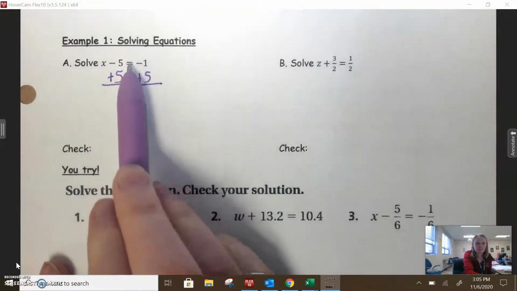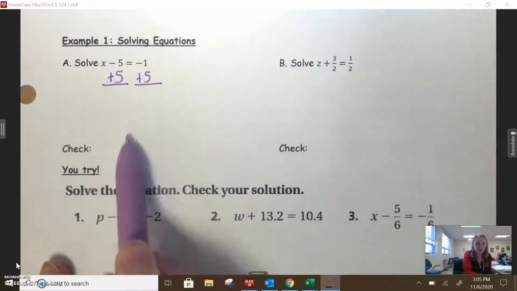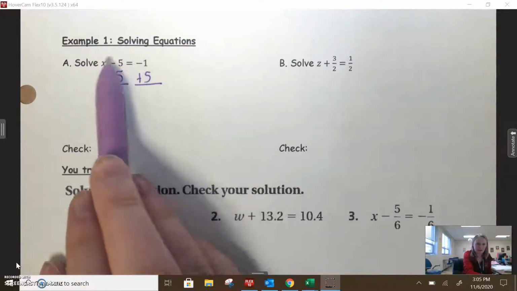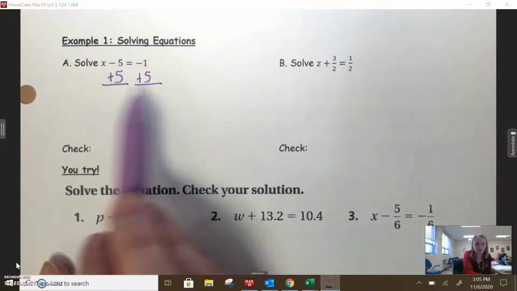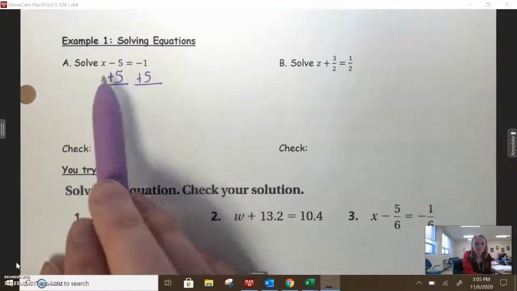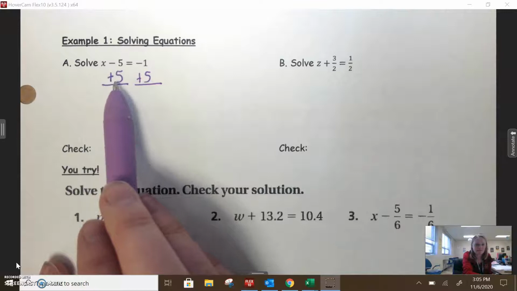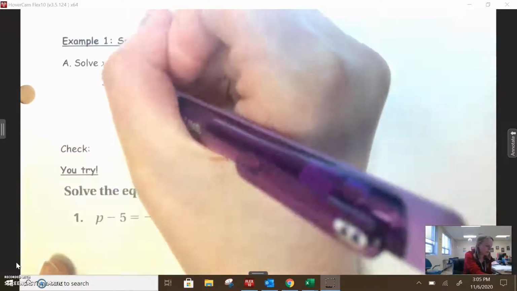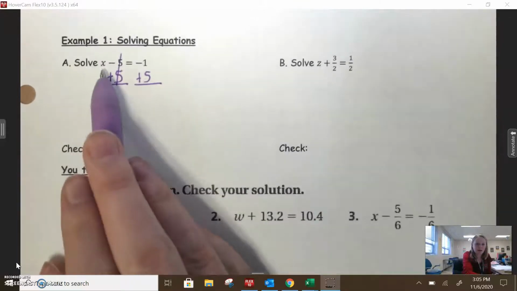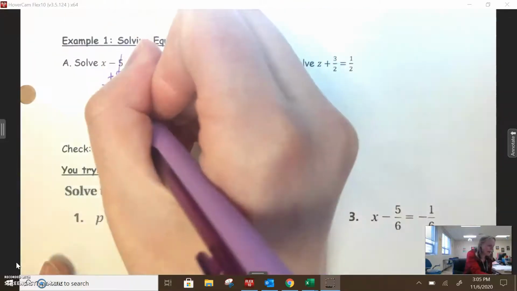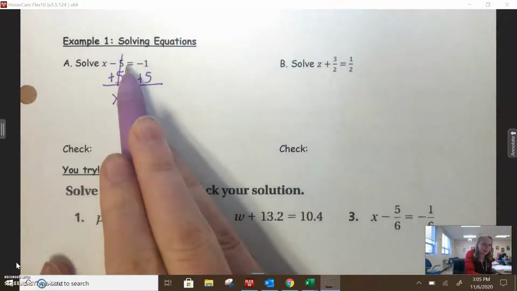We can imagine an invisible wall here where the equal sign is. So I'm adding 5 on the left side and I'm adding 5 on the right side. There are two different addition problems going on here. Minus 5 plus 5 is really 0. So these cancel each other out, which means I'm only left with x on the left side of the equal sign.